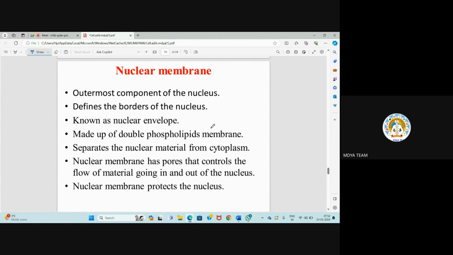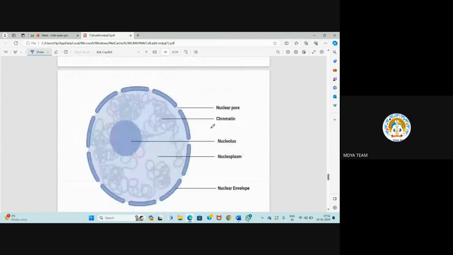So the next is nuclear membrane protects nucleus. Yes, obviously it is a membrane. It will protect the nucleus. Here it is a detailed structure you can see. These blue coverings are nuclear membrane, and the gap you can see, these are the pores here.